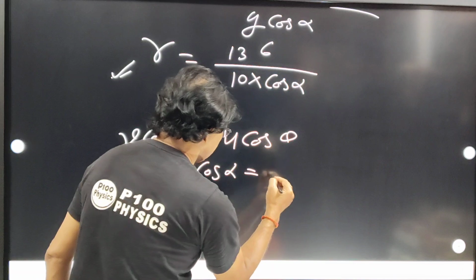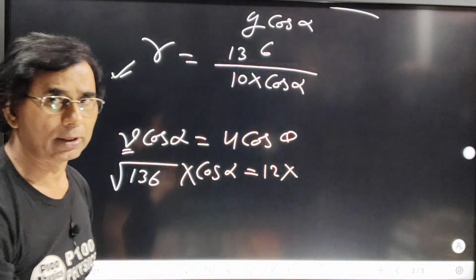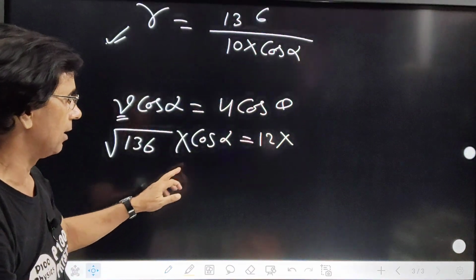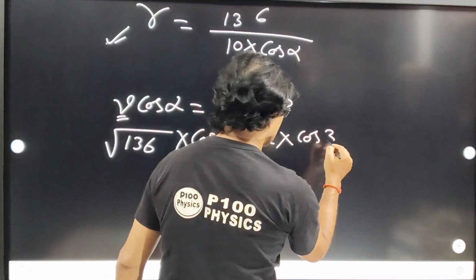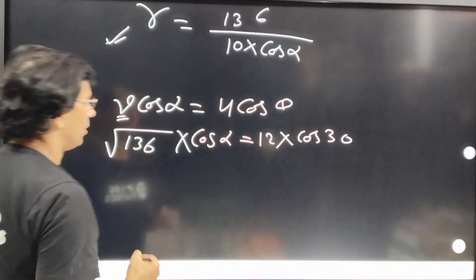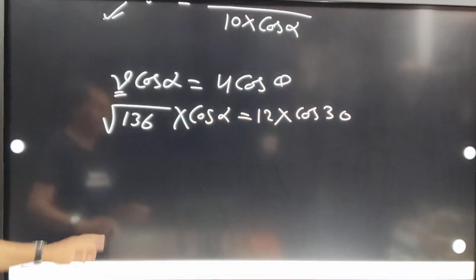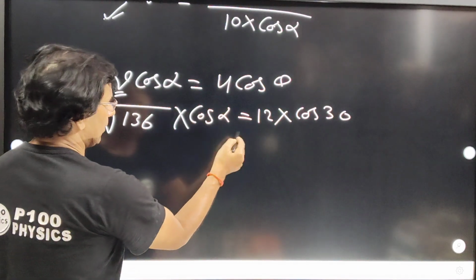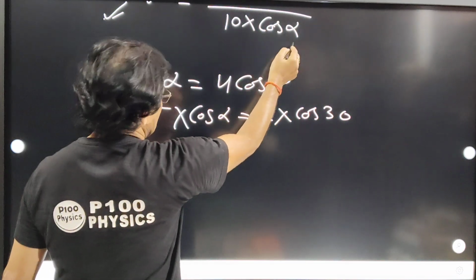U was 12 and the angle of projection was taken as 30 degrees. So cos 30. You have to put the value of cos alpha here.